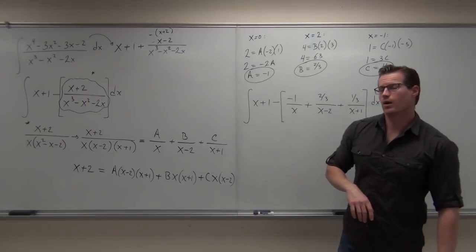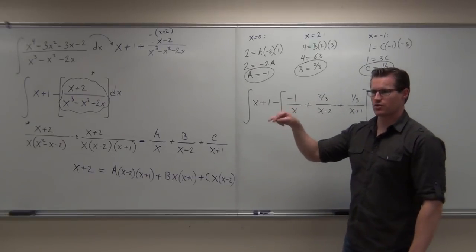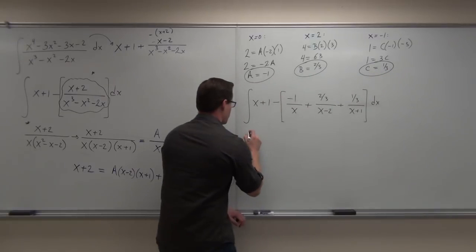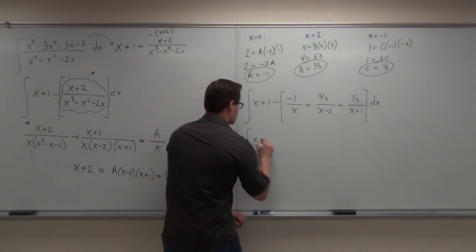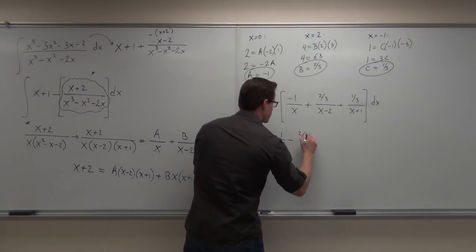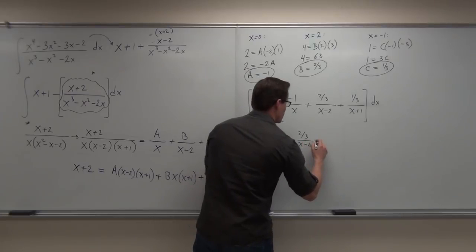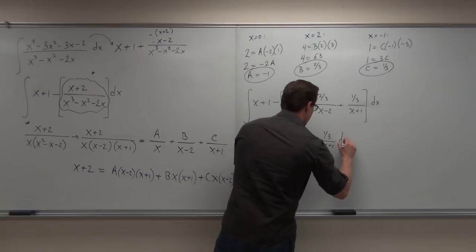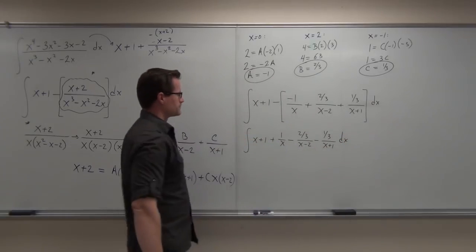No, we're not going to integrate now. We're going to make sure our signs are correct. So what are we going to do now? We're going to distribute that. So x plus 1 plus 1 over x minus 2/3 over x minus 2 minus 1/3 over x plus 1, dx on the whole thing.